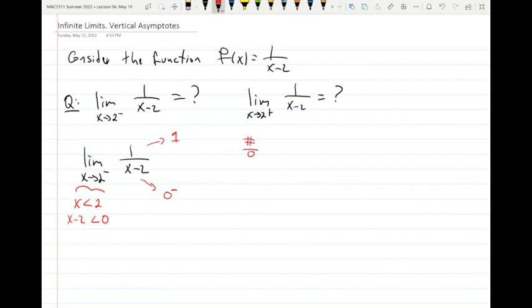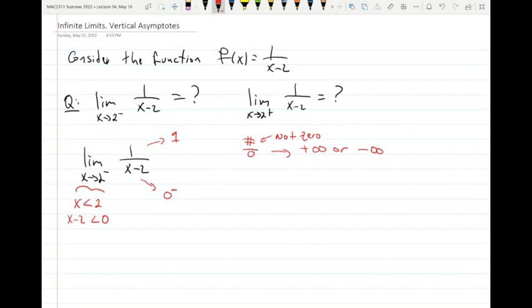Whenever you take a limit, if it looks like this, in which this number is not 0, because remember, 0 over 0 is a different story. But if this number is not 0, then this limit is either positive infinity or negative infinity. Okay? We just need to decide which one it is.